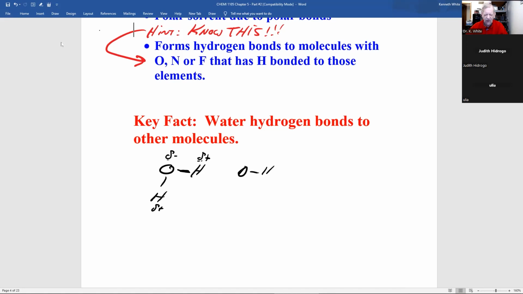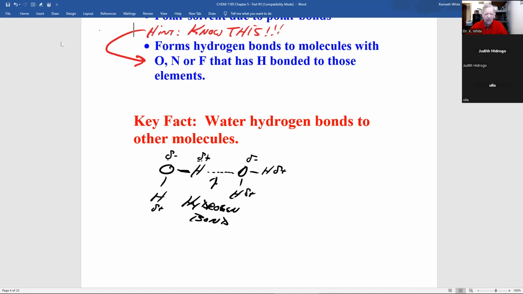And if you have another water molecule, the same thing happens. And there's a slight attraction. It's called the Coulombic attraction. Opposites attract, and this is called the hydrogen bond. It's not a true chemical bond, but it's a weak force, but it's still enough to affect the nature of many things.